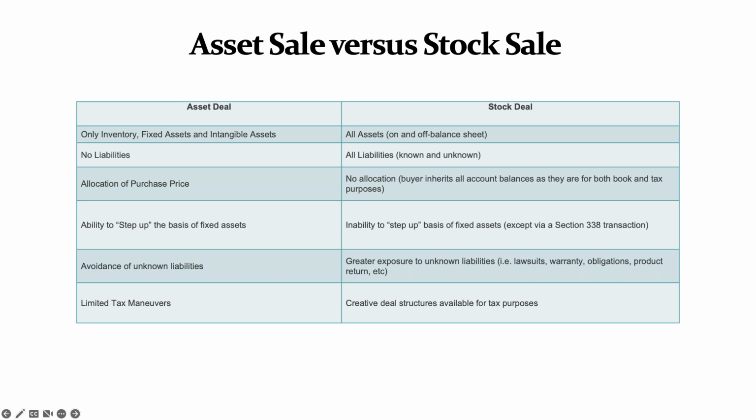Now, why a buyer likes this is that, if I'm going to buy the business under an asset sale, I can step up the basis in the fixed assets. So a little bit of accounting terms here, but I get to bring the value of that asset up to fair market value, so what I paid for it, and now I can redepreciate that asset.